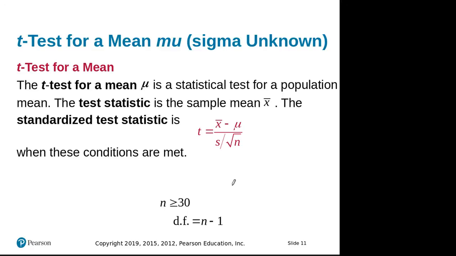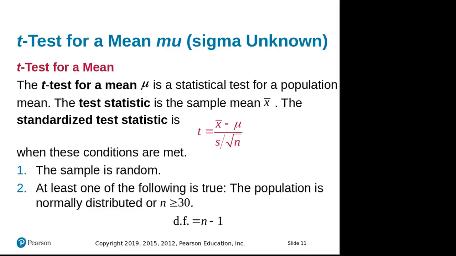This t-score relates the sample average to the population average over the sample standard deviation divided by the square root of n. The conditions we need for this are all similar to what we've been using in the other tests. We want random samples, and we either know that the population is normally distributed or we have more than 30 samples.